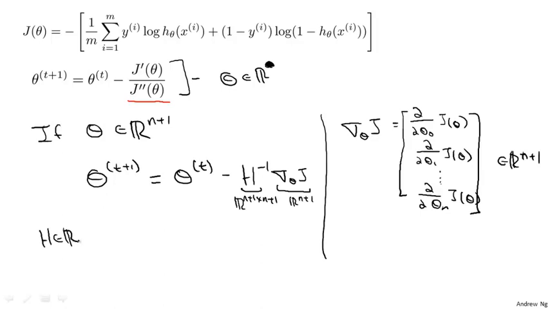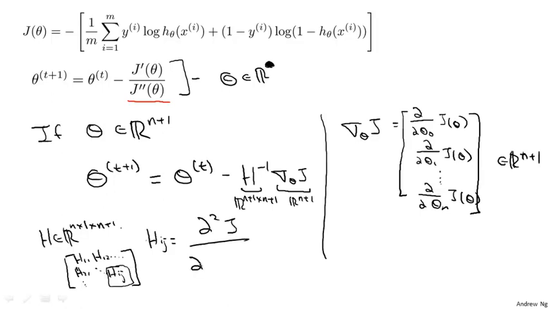H is a matrix, n plus 1 by n plus 1, where Hij is the i, j element of H. So it's H11, H12, and so on, and H21, and so on. Each element Hij of this matrix is defined as the second derivative of J with respect to theta i, theta j.